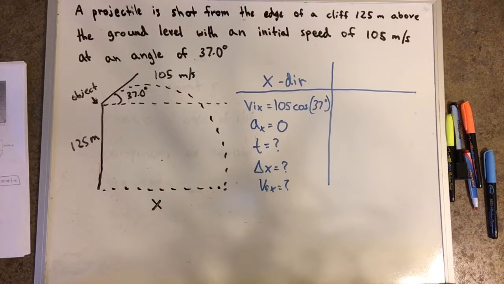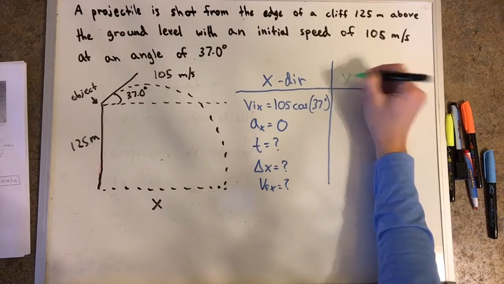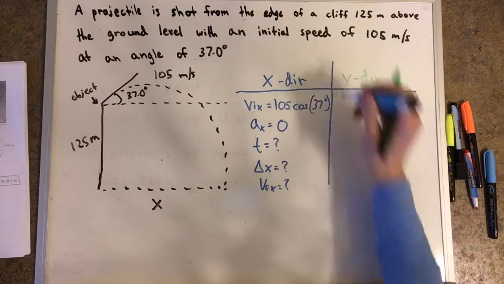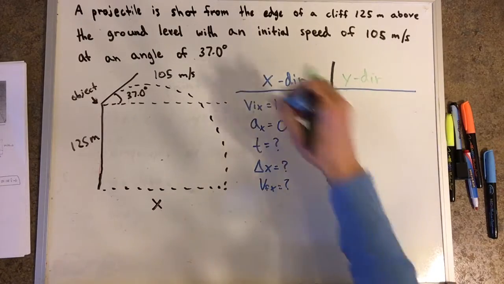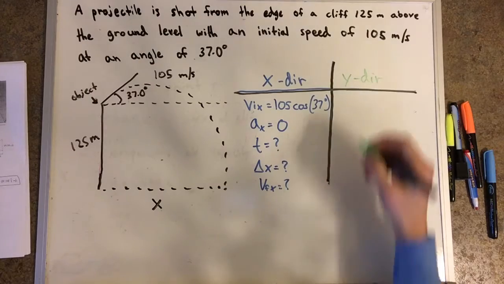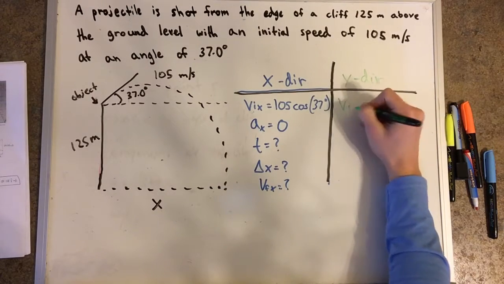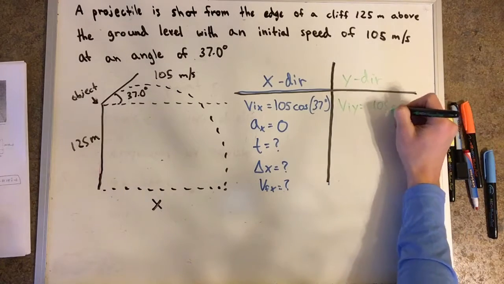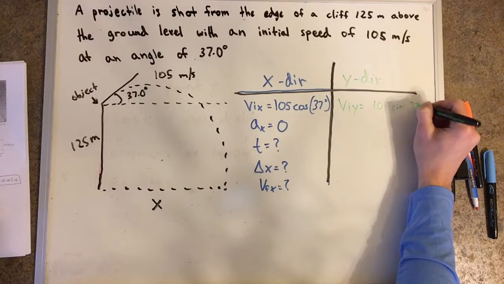Next is the y direction. For the y, it is similar. Viy equals 105, but it's sine 37 degrees.